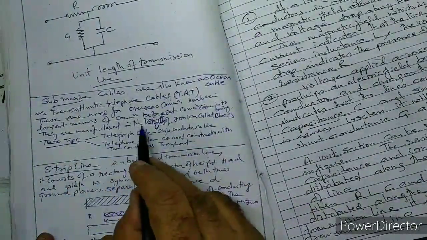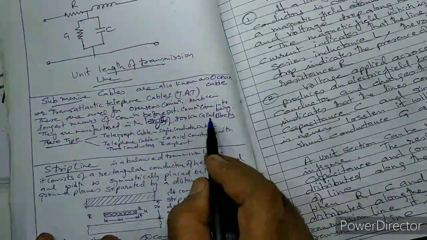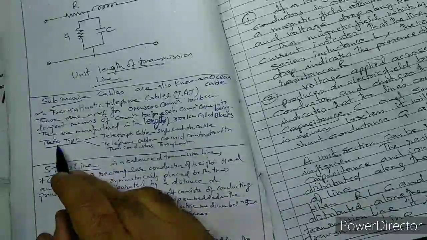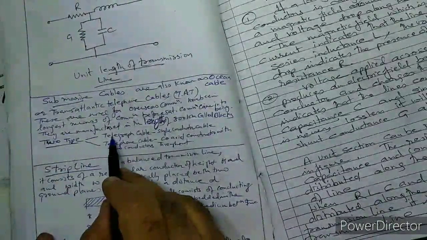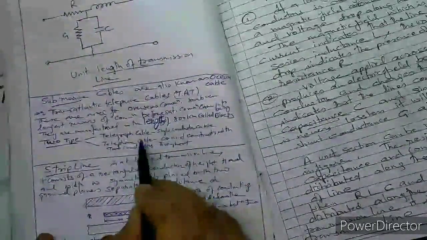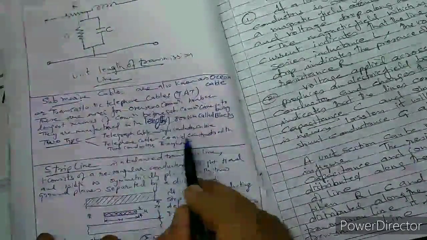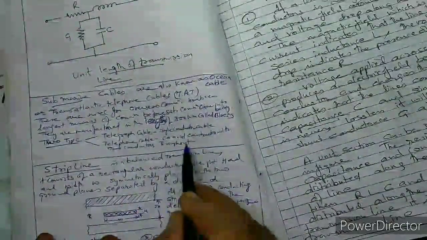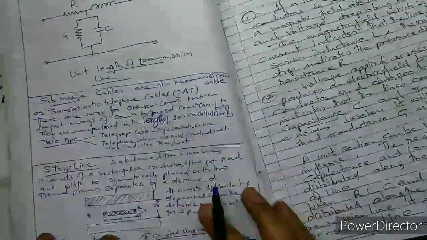They are manufactured in lengths of 300 km called blocks. They are of two types: telegraph cable, a single conductor cable, and telephone cable, of coaxial construction with two conductors throughout. So that is called telephone cable.